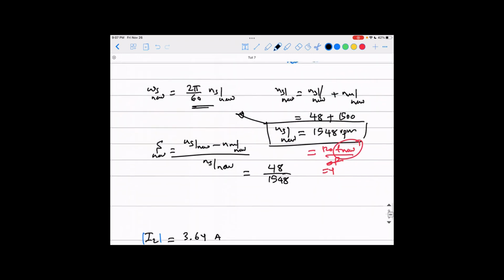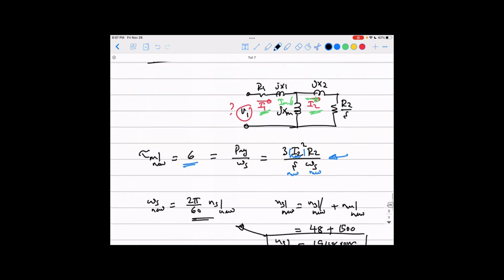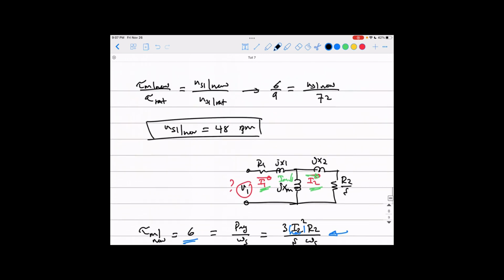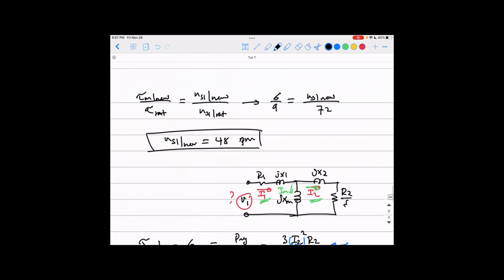If the voltage of the machine were given here, you could just use the equivalent circuit directly. How? If the problem gave you the rated voltage of the machine, you can calculate V1, because now V1 is also V1 new, remember. It will be the same idea: V1 new over V1 old, which should be the rated voltage, if it is given, will equal f new over f old, which is the rated frequency.